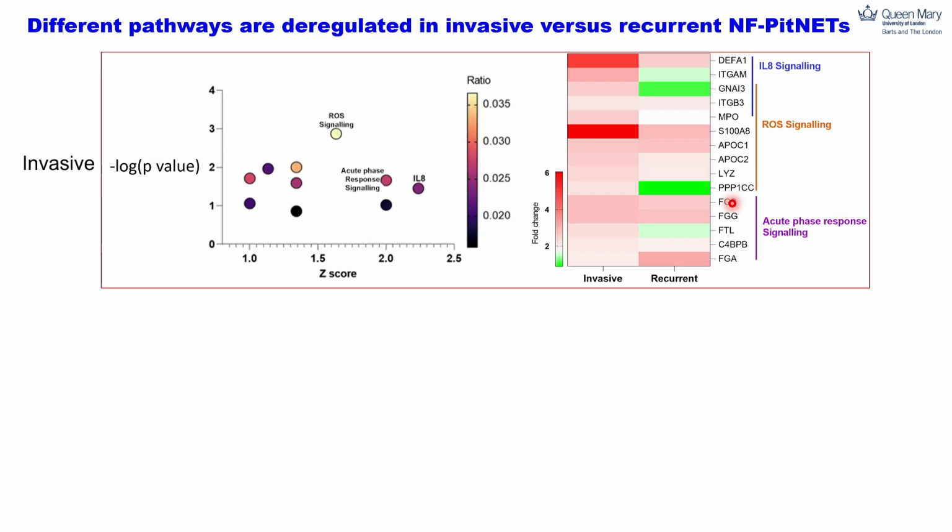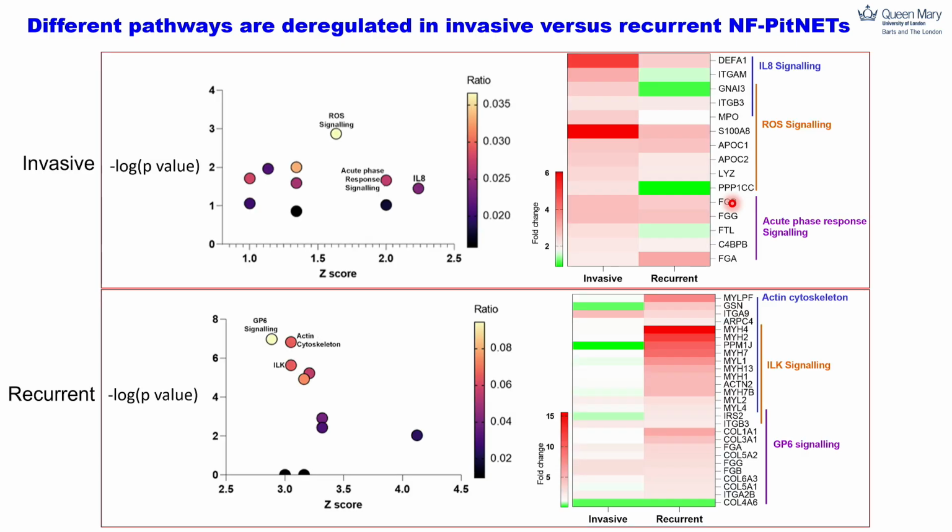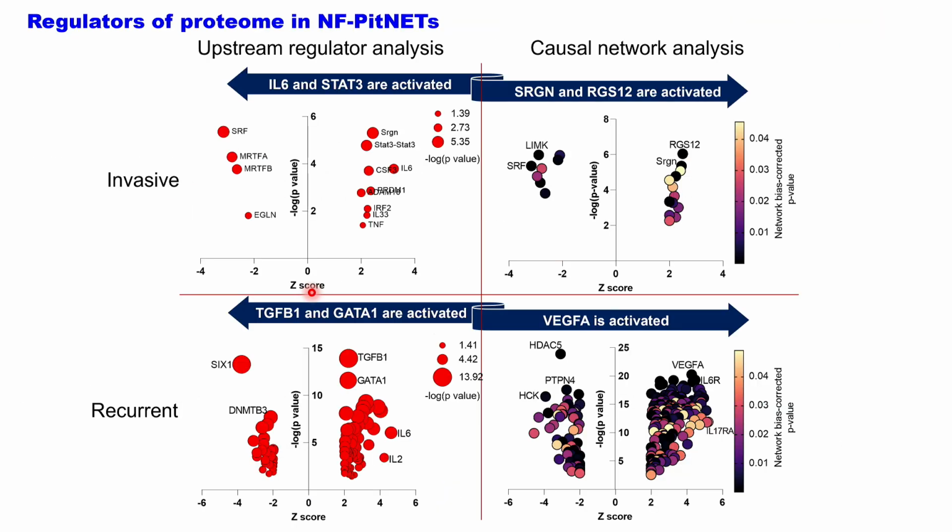Then you can compare: it is not overexpressed but it is phosphorylated, it is not overexpressed but it is glycosylated. I found a different set of pathways and different upstream regulators in invasive and recurrent tumors. Clinical people say that if it is invasive it is recurrent. My answer is no. They slightly disagree with me.